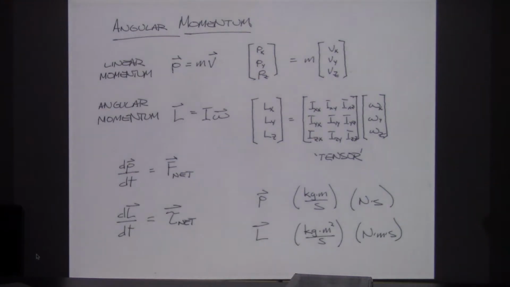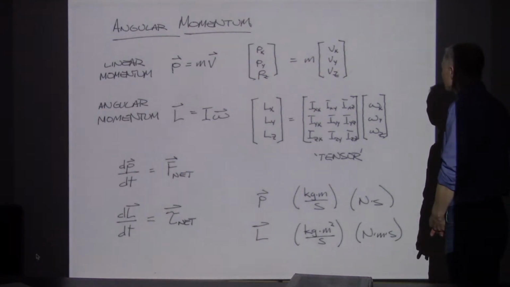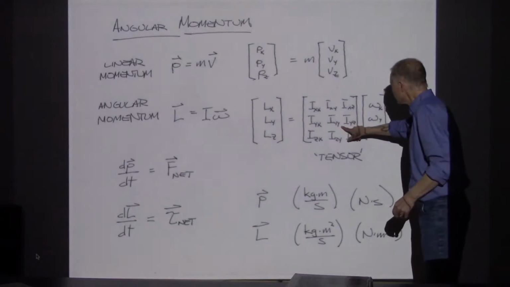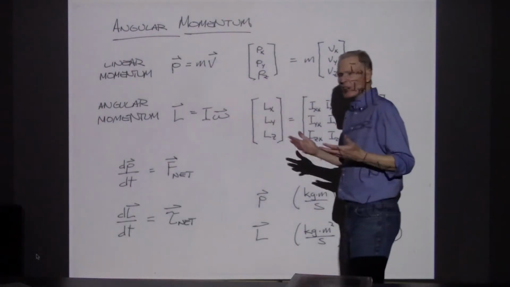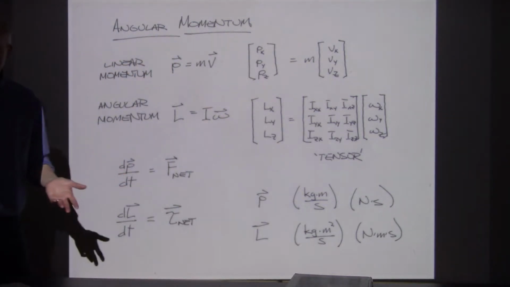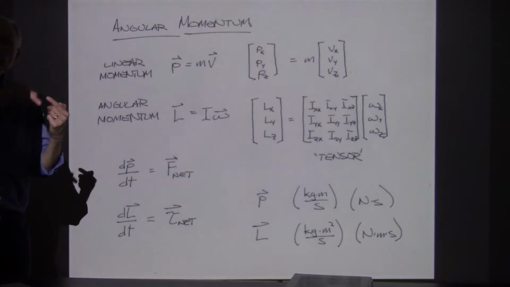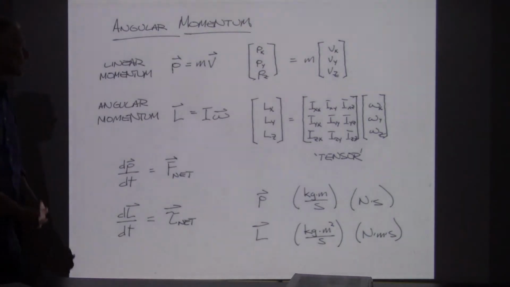I'm only including this because in the last chapter we talked about how the rotational inertia of an object depends on which axis we're looking at, it's not like mass. Mass, it doesn't matter which direction we're looking at, X, Y, or Z. Mass is mass. But rotational inertia is not going to be the same thing if the object is rotating around a different axis.